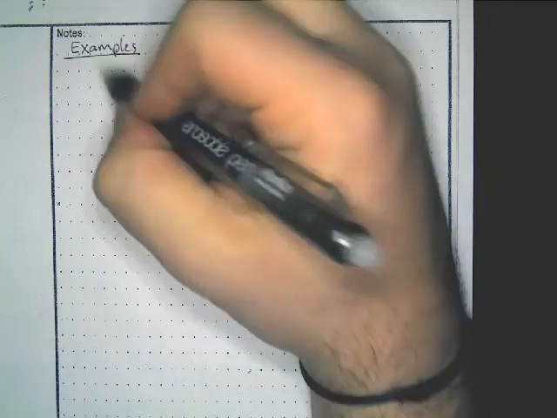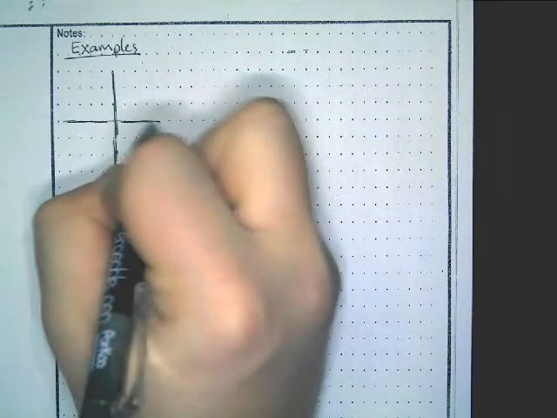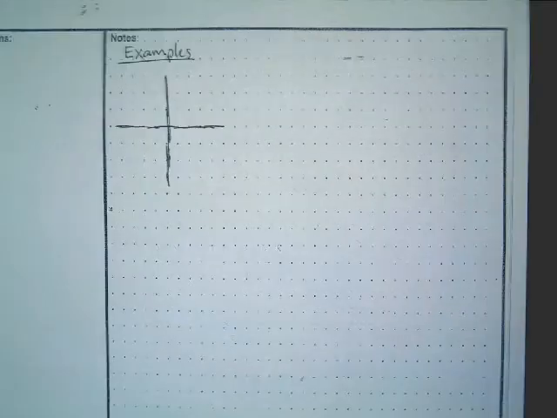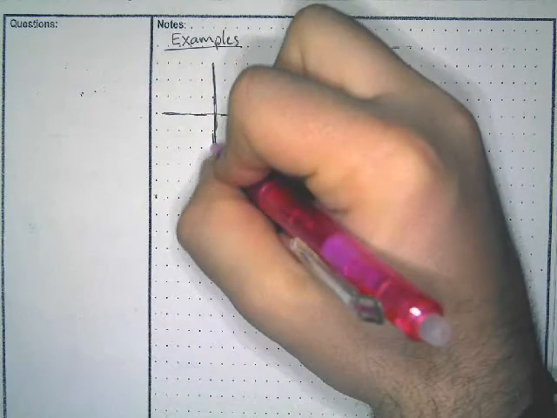Examples. So let's say I have our graph. We'll cross right here at this point.